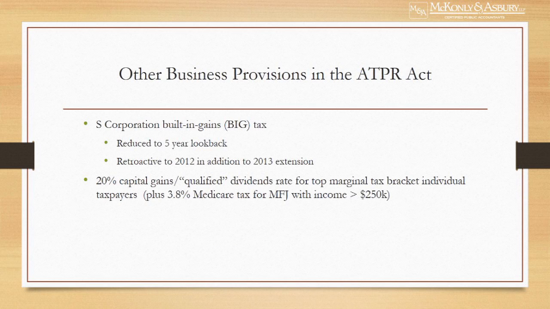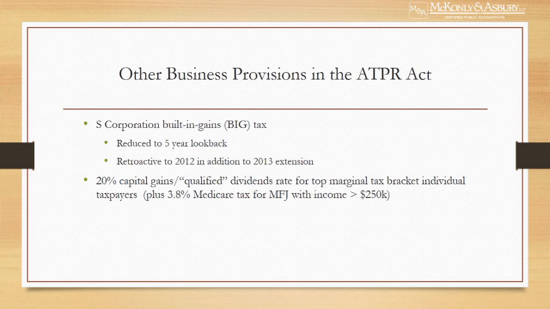Yeah, the built-in gains tax, also known as BIG, is a really nagging tax under Section 1374. It applies to S corporations that were previously C corporations. Unlike most income tax at the S corporation level, which is passed through, this would be an entity level tax assessed on the S corporation.